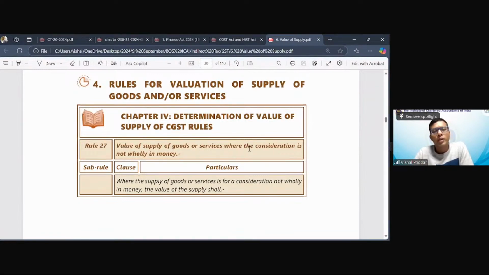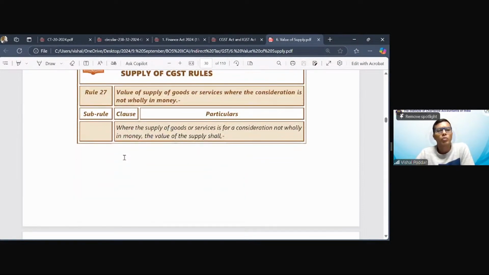Now, these valuation rules are part of the CGST rules. They are given in chapter 4 of the CGST rules. So now what we are studying is chapter 4 of the CGST rules, starting from rule 27. Up to 26 is the previous rules for the previous chapters. From 27, we start with the rules dealing with valuation.